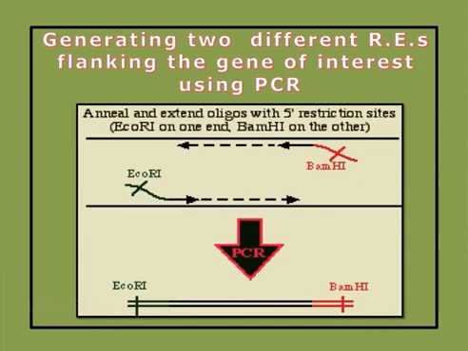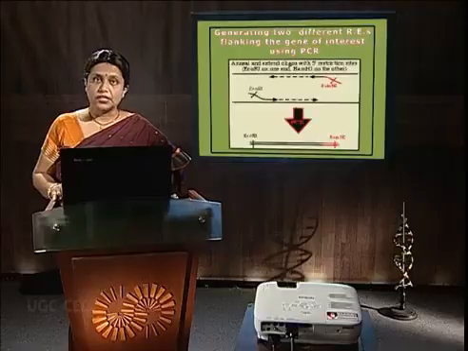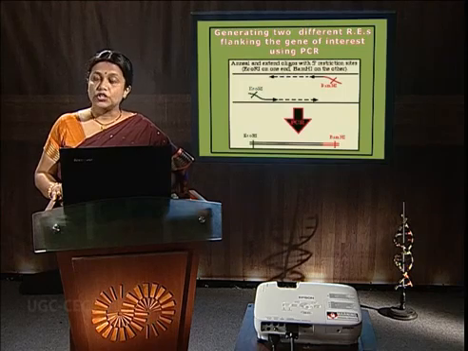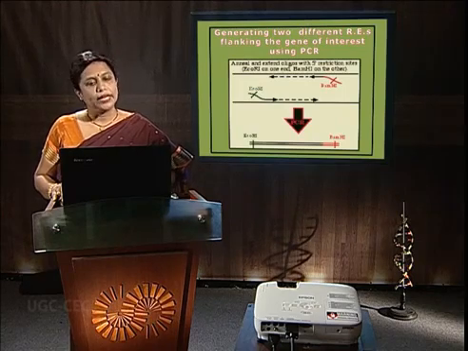And what happens is that during the PCR amplification, these BamHI site or EcoRI site can be introduced in the flanking ends of the insert DNA. In this way, we can introduce two different restriction endonuclease sites on the two ends of the gene of our interest, which is really necessary to carry out directional cloning.